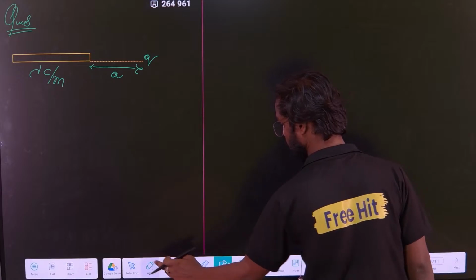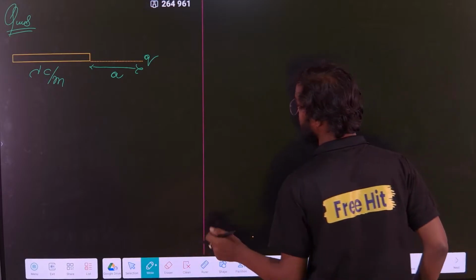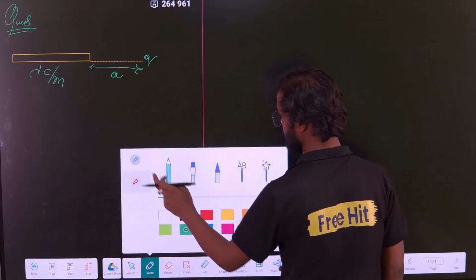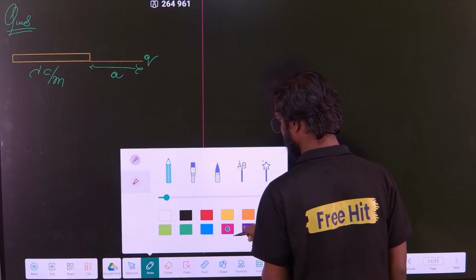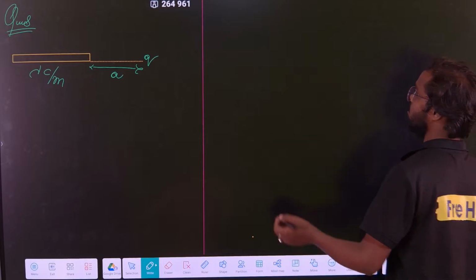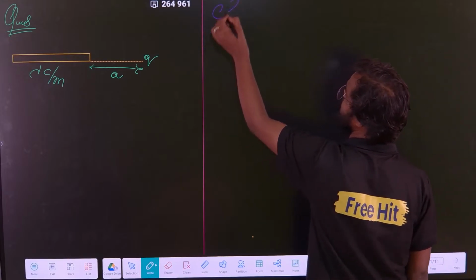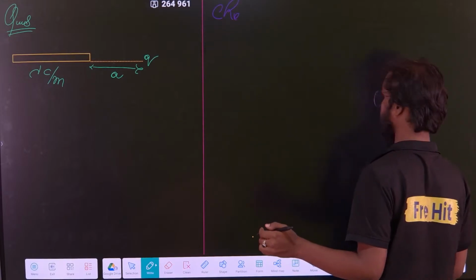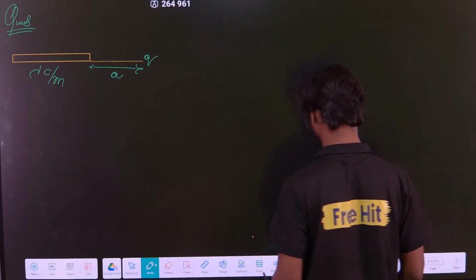Just for your convenience I am telling this, because you face this in center of mass, moment of inertia, like that. See, there are three types of charge densities.